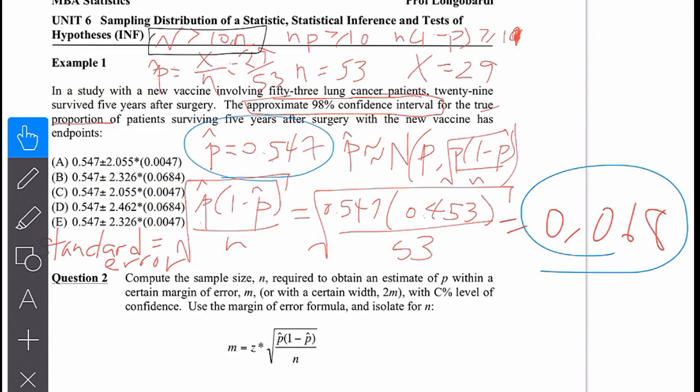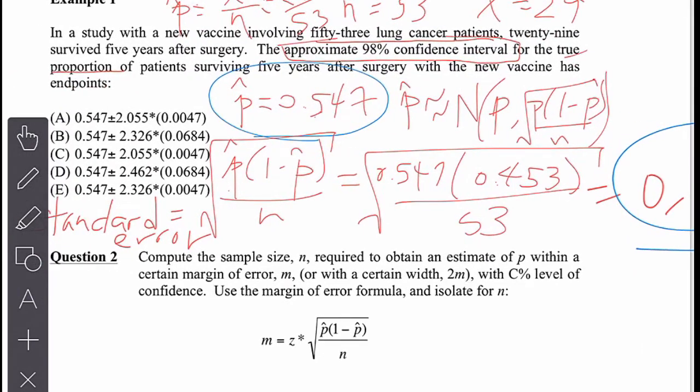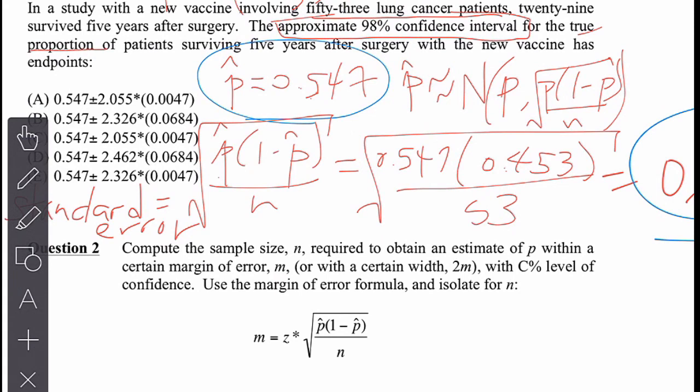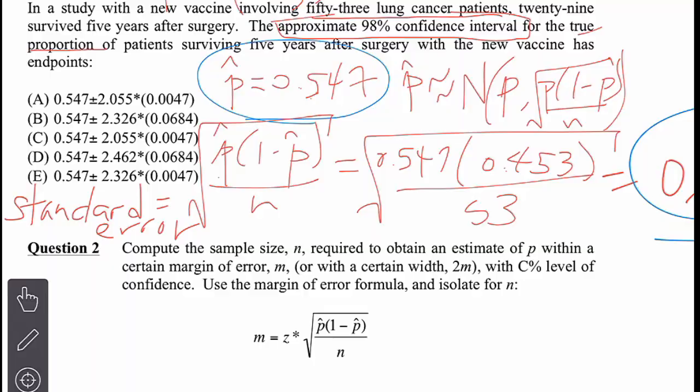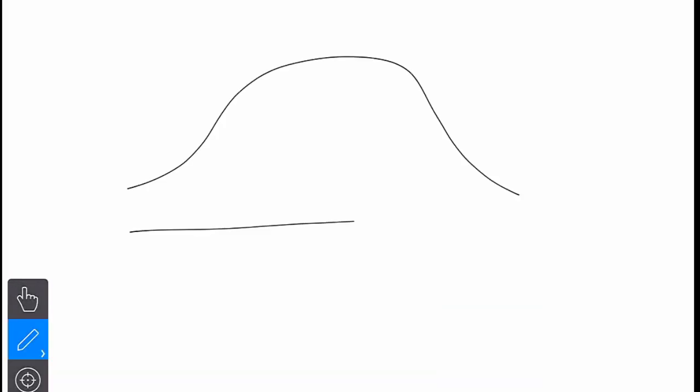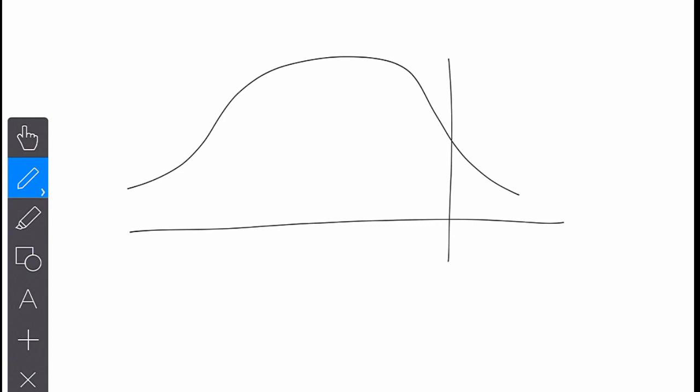So what does it say? 98% confident. So what that means is that I want the endpoints for 98% in between.